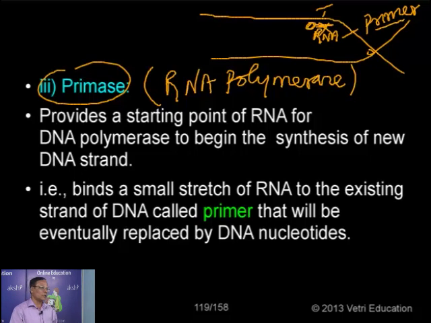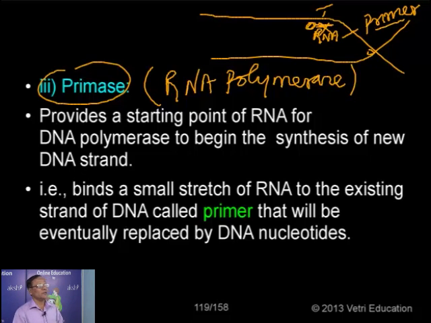And soon it will eventually be replaced by DNA nucleotides while proofreading by the DNA polymerase. So very simply, primase is nothing but the enzyme responsible for making the RNA primer, the one which is bound with the DNA template already present, for initiating the process of replication.